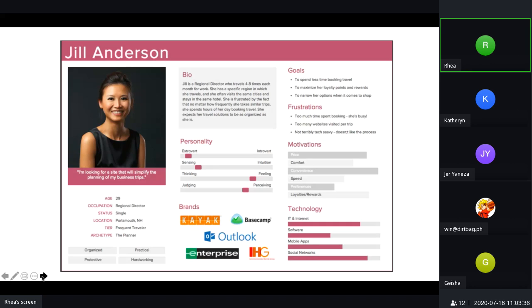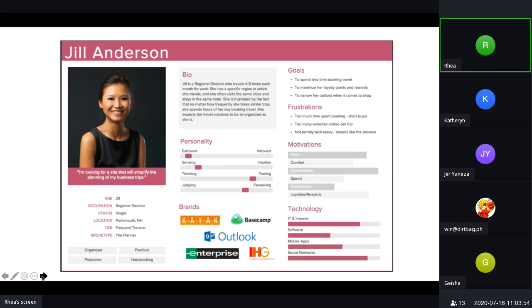In this example, the personality of Jill is the planner. She is also organized. You can see it at the lower left. She's organized, she's practical, she's hardworking. Those are the traits that Jill has.